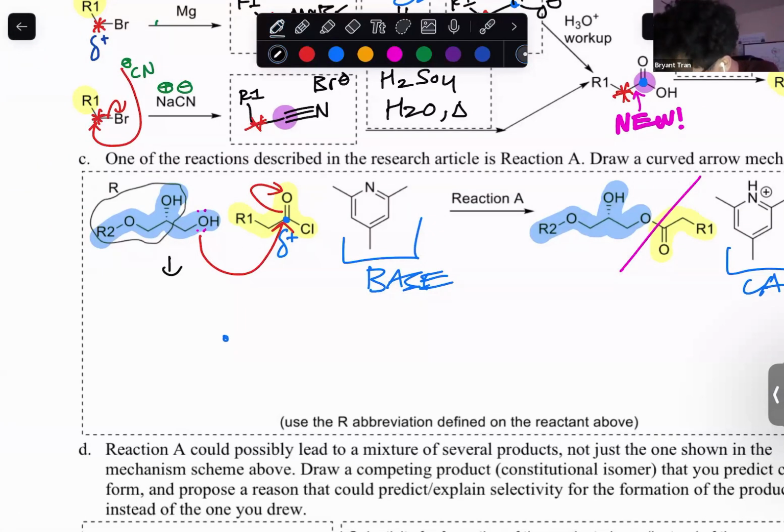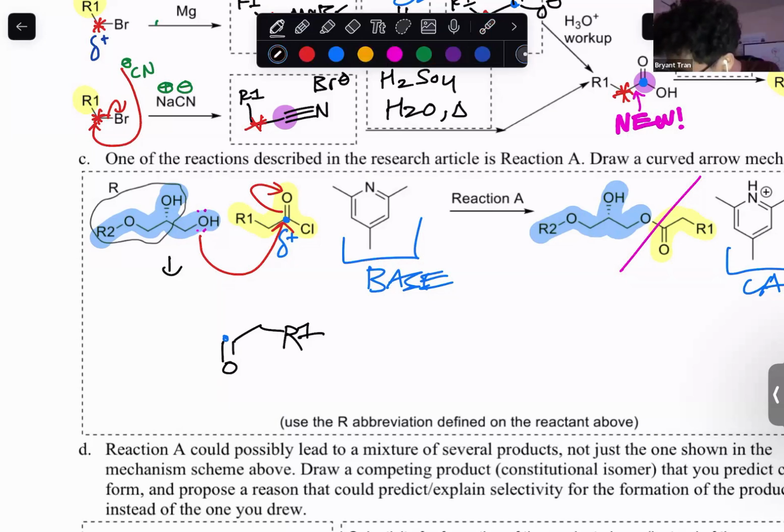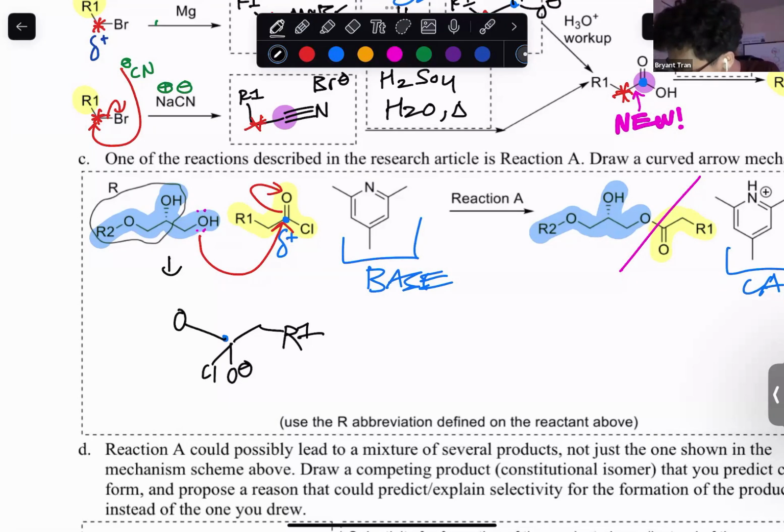I'm going to flip the carbonyl upside down, and my R1 is going to be here now. It's not a carbon double bond oxygen anymore, but a carbon single bond O minus, still attached to the chlorine right there. This right here is a new bond, because that oxygen attacked it with one pair of electrons, and everything else is copy and paste.